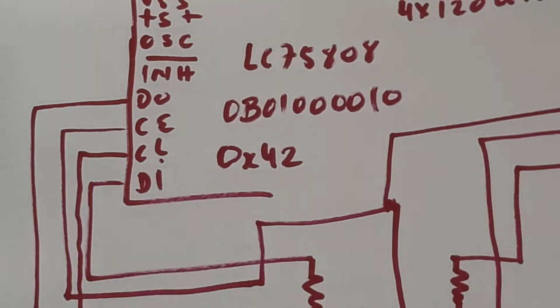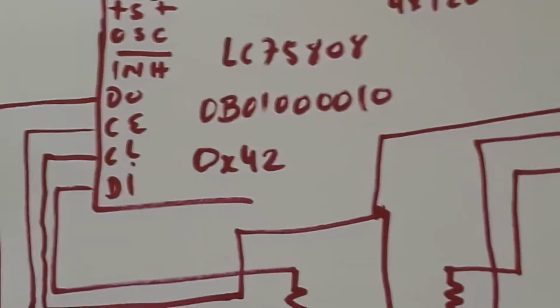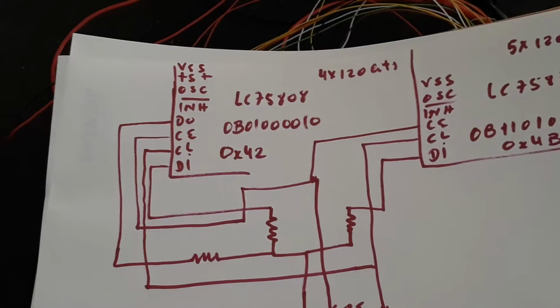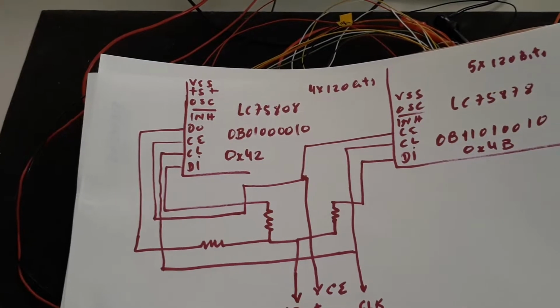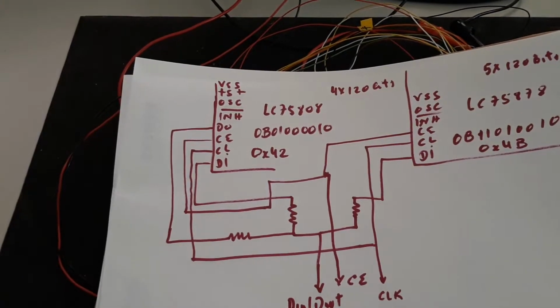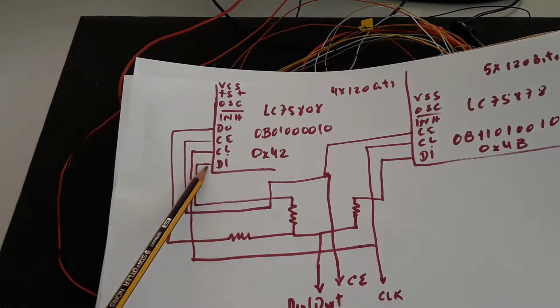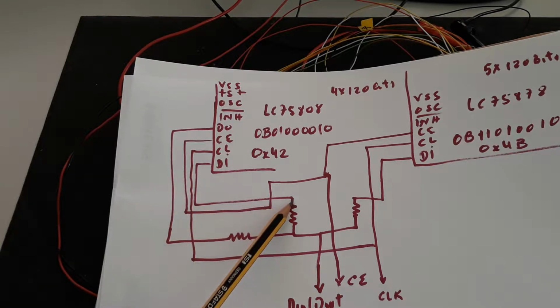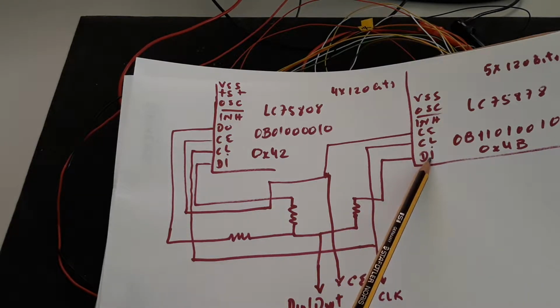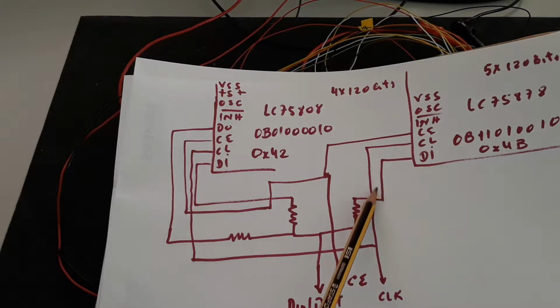I have done a small drawing with the schematic of the connections of the two chips. If you take attention here, you see the data in on this side goes to the resistor and is then connected to the data coming from the processor. On the other side you also have the same data in pin, which goes to a resistor, in this case 470 ohms, and goes to the processor with the same pin.